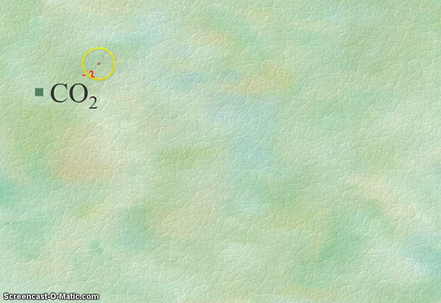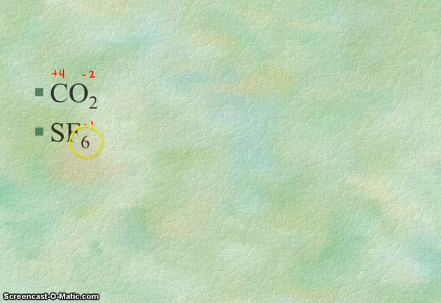This has to be neutral overall, so that must mean that the oxidation state assigned to carbon must be a +4, because that will give us a +4 for carbon, a -4 for oxygen, and a sum of 0 for that neutral compound.